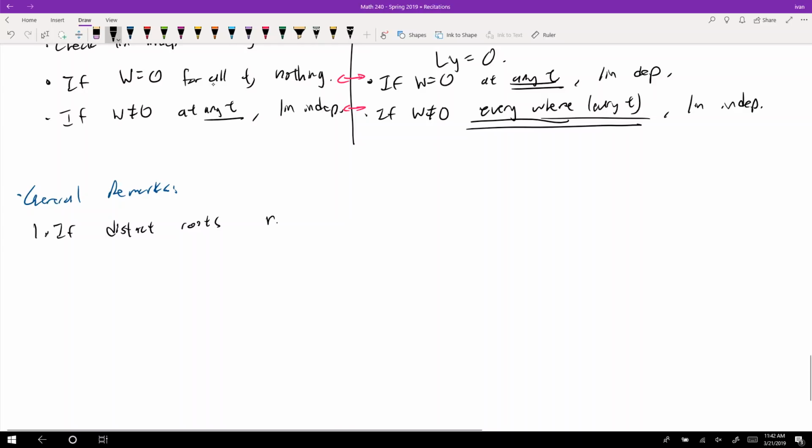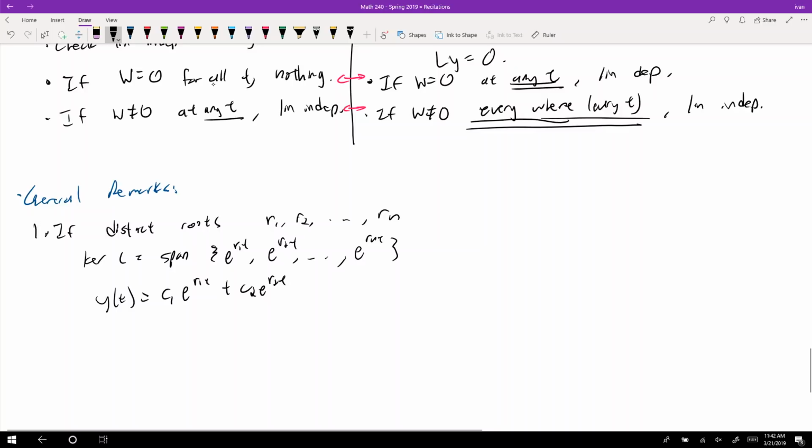So if you have distinct roots R1, R2, all the way through Rn, then your kernel of L is going to be the span of e^(R1 t), e^(R2 t), all the way to e^(Rn t), and then y of t is going to be C1 e^(R1 t) plus C2 e^(R2 t) plus all the way to Cn e^(Rn t). That's if each root is distinct.